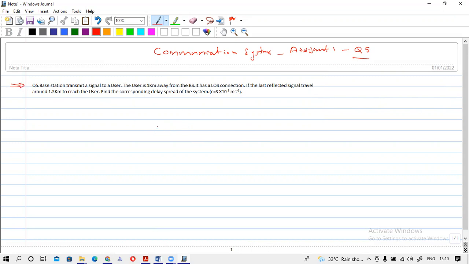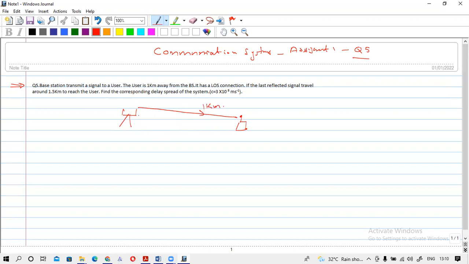Okay. So you have a base station here. And one user is here. So when this base station transmits the signal to the user, the shortest path is 1 kilometer.